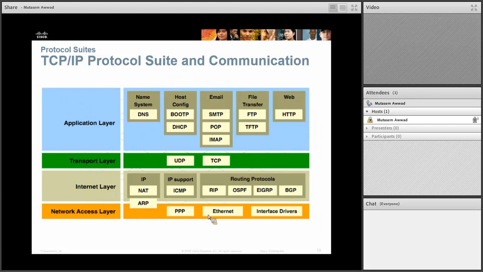IP addresses are used to identify the location or the network, the LAN, like a zip code, where the packet is going to reach. That's what the IP address identifies, and it's placed at the internet layer, in this case, if it's a TCP/IP protocol.